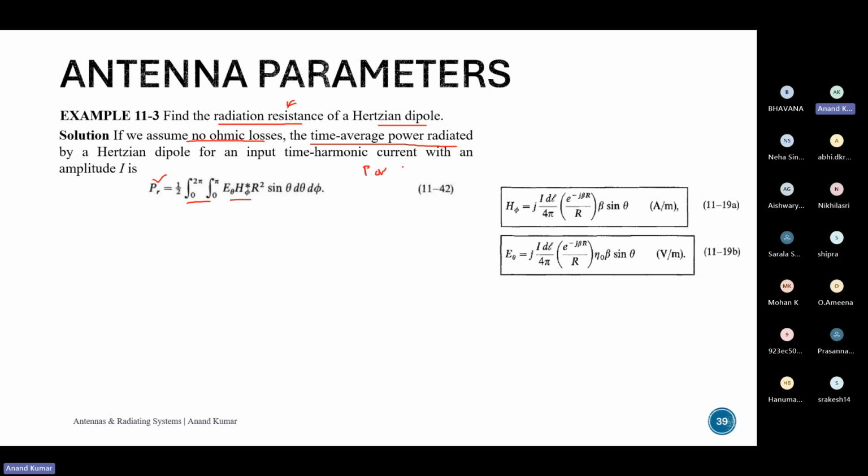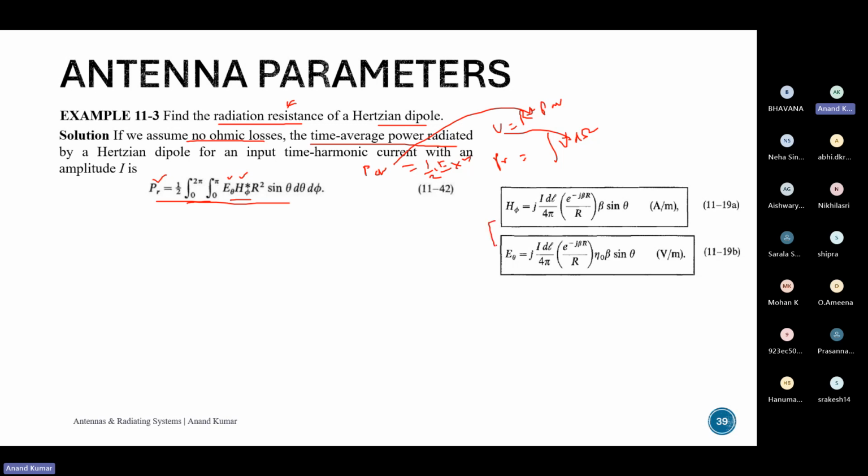You must remember P_AV was something like half E cross H, and we took the real part, and then U equals R square P_AV, and then P_R equals the integral of U d omega. So substituting this inside this, we end up with the radiated power, and now radiated power is given in terms of electric field and magnetic field.